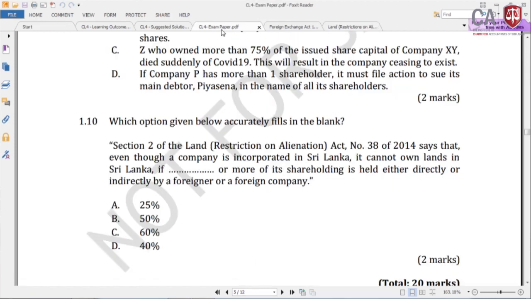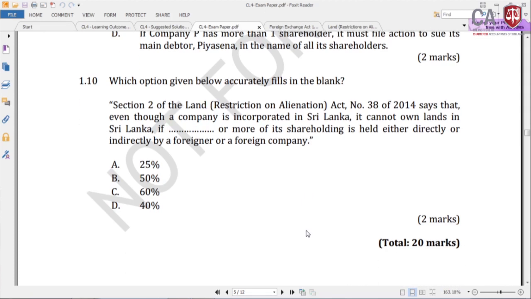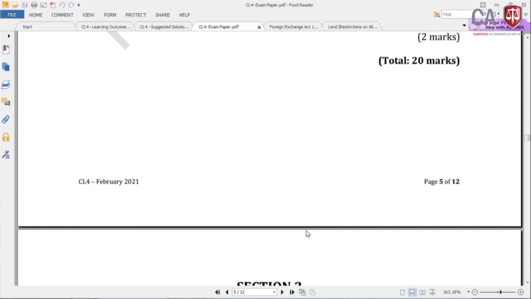Which means that the answer there then is B, right? If 50% or more of its shareholders is either directly or indirectly a foreigner or a foreign company. So the answer is B.